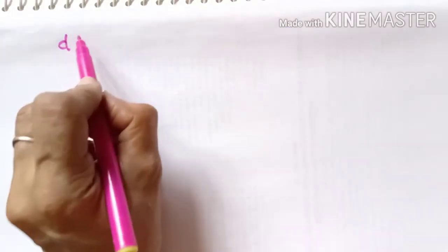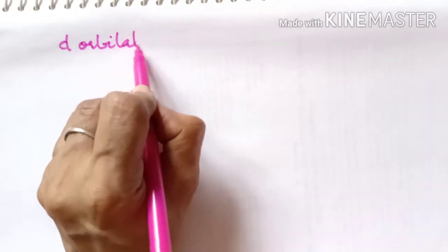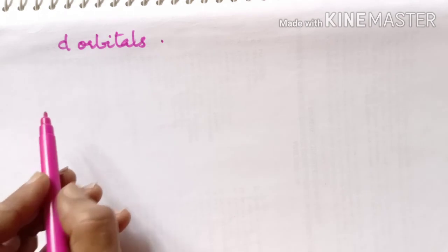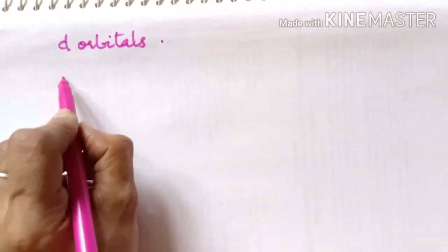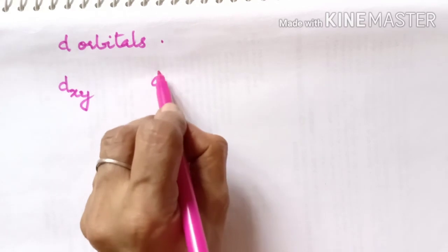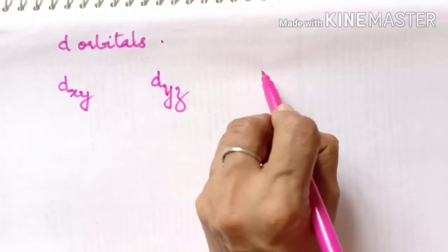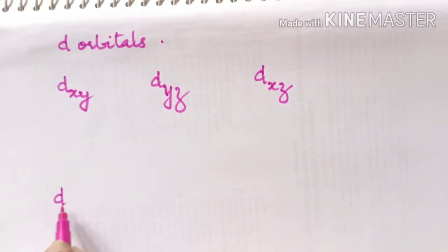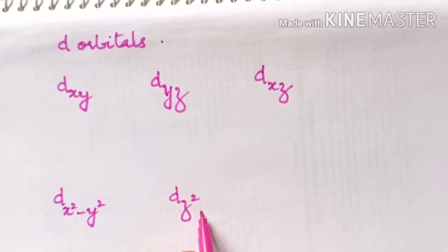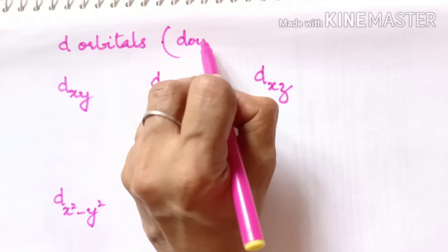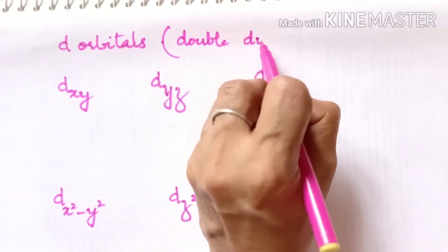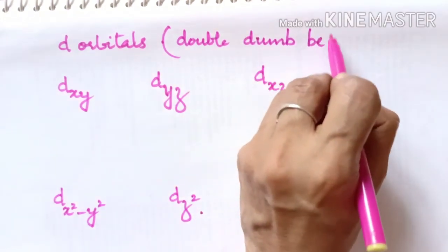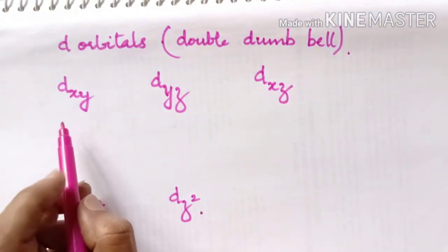Coming to d orbitals, there are 5 different types of d orbitals. D orbitals have a double dumbbell shape. We have dxy, dyz, and dxz, which are of similar types. Then we have dx square minus y square, and the last one is dz square. All are double dumbbell in shape. We shall see dxy.